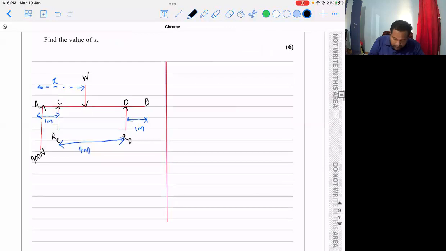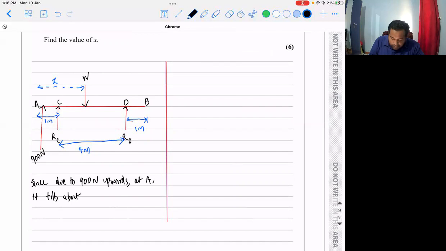Since due to 900 Newton upwards at A, it tilts about D. So due to that reason, we can instantly put RC as 0.